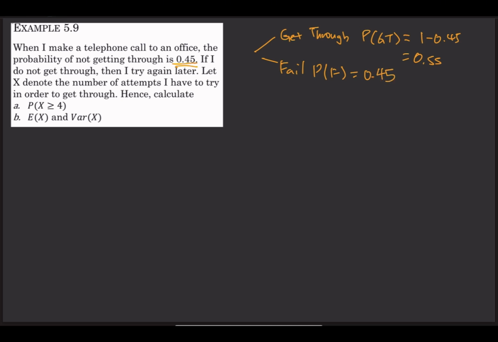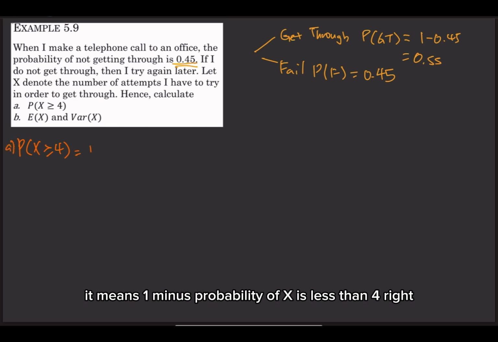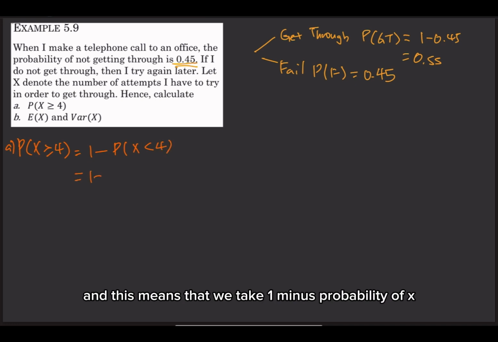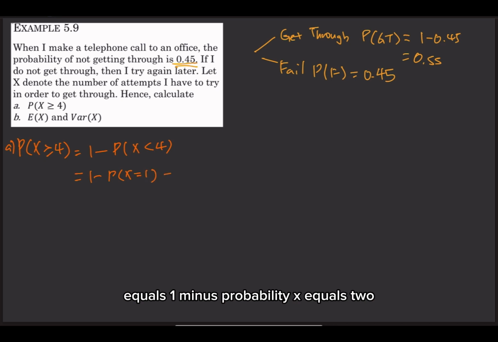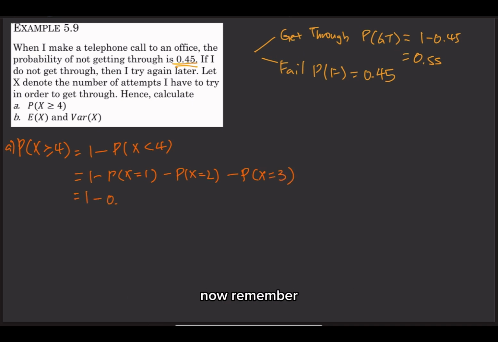Now, we want to calculate the probability that x is more than or equal to 4. That means we take 4 or more tries for the call to finally get through. This means 1 minus the probability of x less than 4, which is 1 minus the probability x equals 1, minus the probability x equals 2, minus the probability of x equals 3. Now remember our probability of success, of getting through, is actually 0.55.